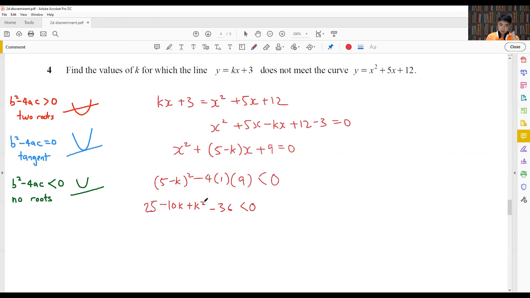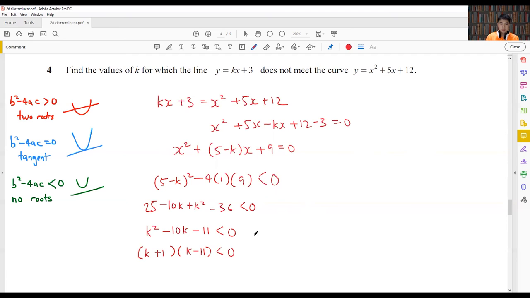All right, simplify this equation here. k squared minus 10k, 25 minus 36, negative 11, is less than 0, right? Then from here, factorize this. (k minus 11)(k plus 1) is less than 0.